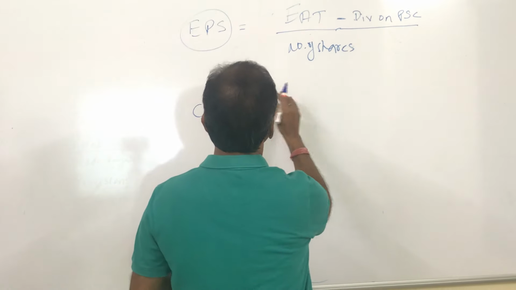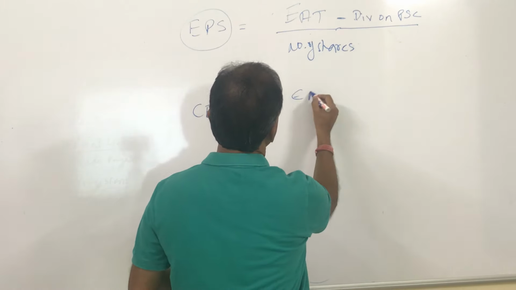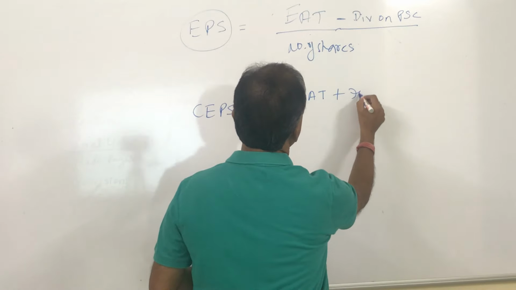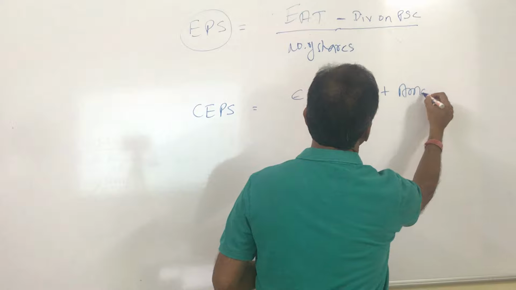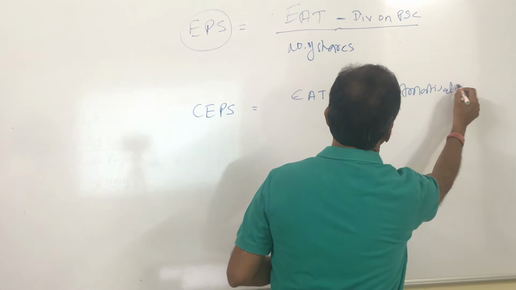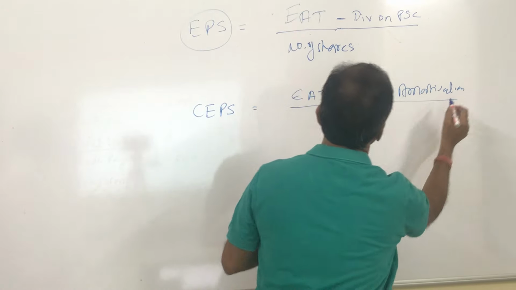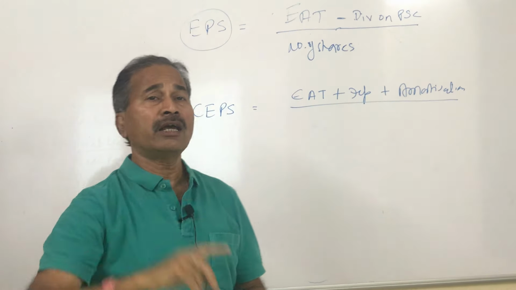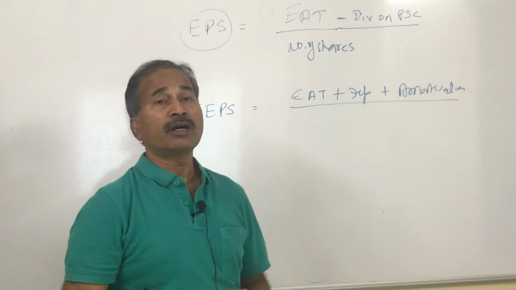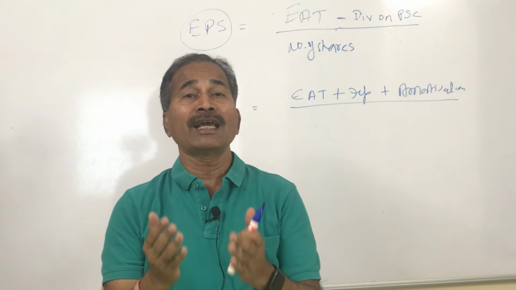In the numerator we will take EAT, plus we will add to it depreciation and also add the figure of amortization. When you add depreciation and amortization to the figure of earning after tax, this is known as cash profit.